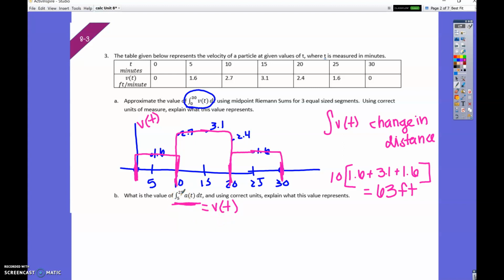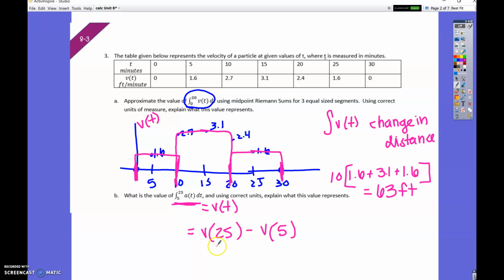So in this case, we don't have equations again. We can't antiderive an equation and plug in 25 and plug in 5. But we know the antiderivative of acceleration is velocity. So this will equal the velocity at 25 minus the velocity at 5, just as when you take the antiderivative, you plug in the top one minus the bottom one.